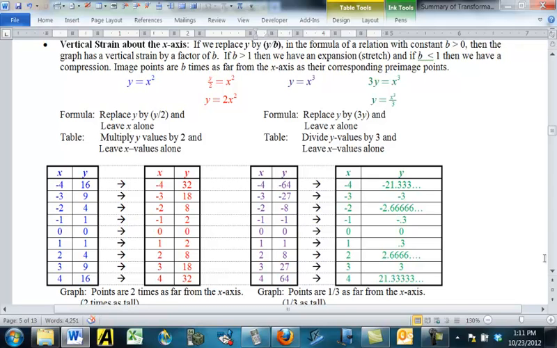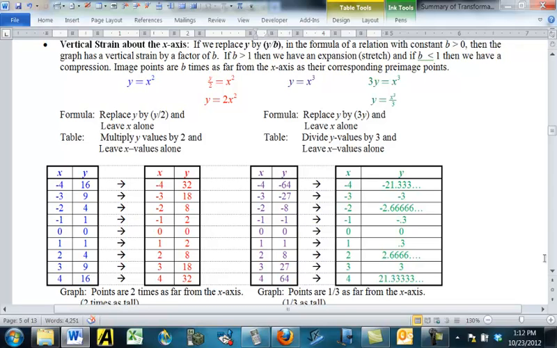In the case of changing x to x over a, we got a stretch away from or toward the y-axis, and the vertical strain, when we replace y by y divided by b, is going to be a moving toward or away from the x-axis. It's away from the x-axis, a stretch or expansion, when b is bigger than 1. When b is less than 1, still positive though, between 0 and 1, it's going to go toward the x-axis. And of course if b equals 1, then it's not really a strain at all.